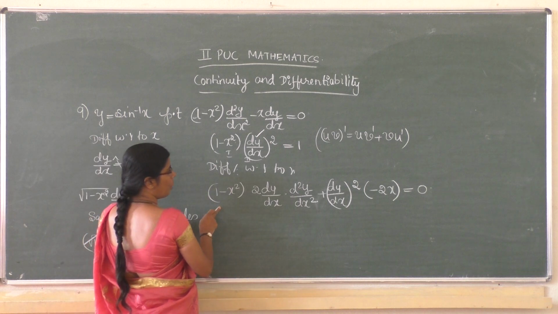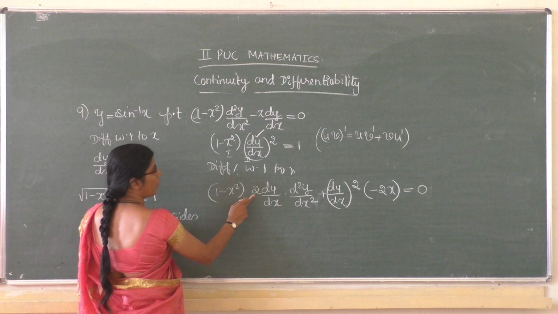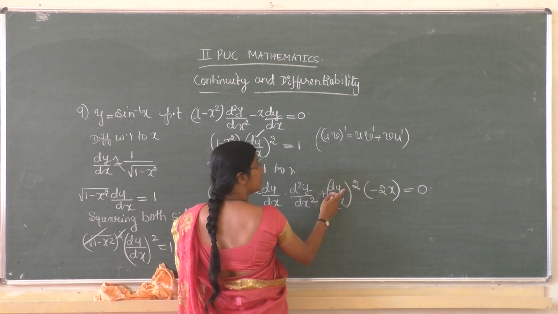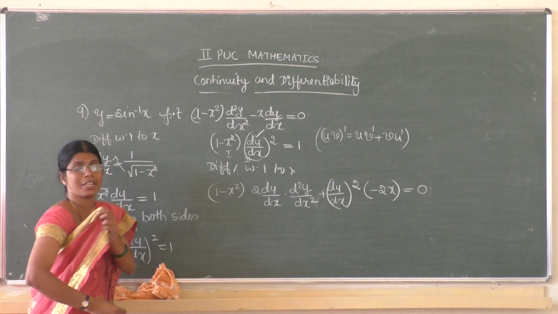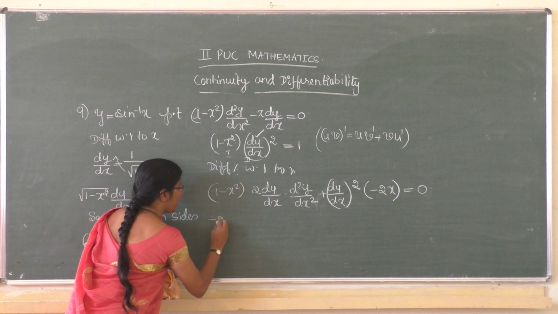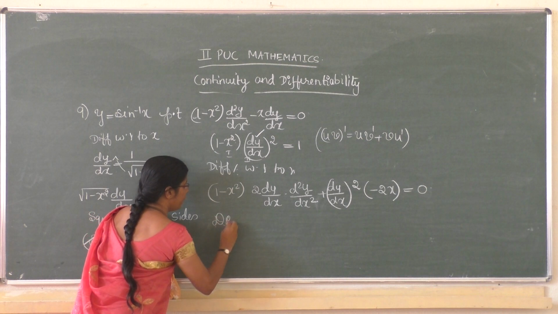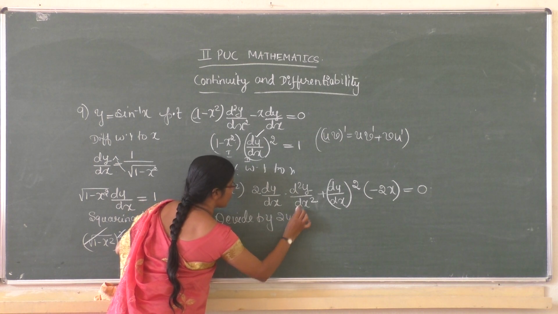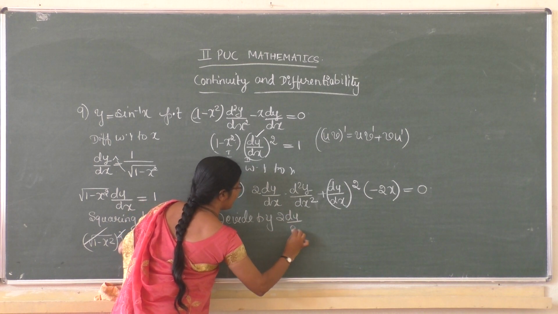So now what we get here? See, here we have 2 and dy by dx. Here also we have 2 and dy by dx whole square. So what we do? Divide the whole equation by 2 dy by dx.